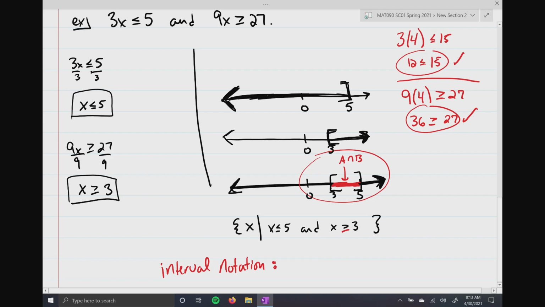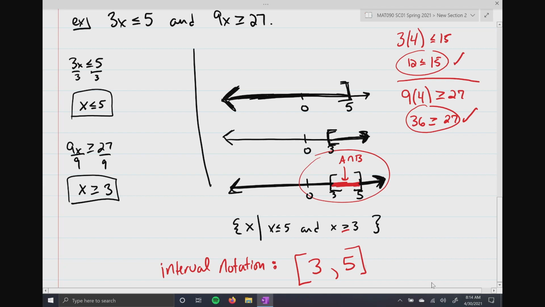In other words, bracket 3, comma 5 bracket. Does that make sense, everyone?